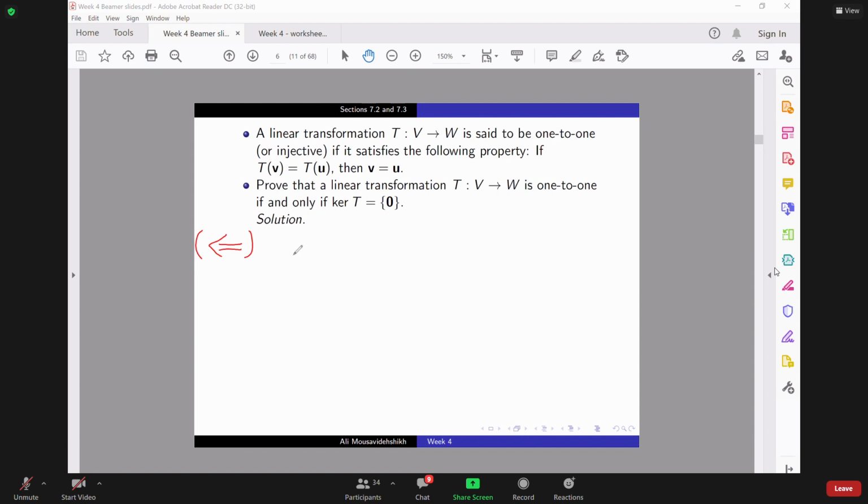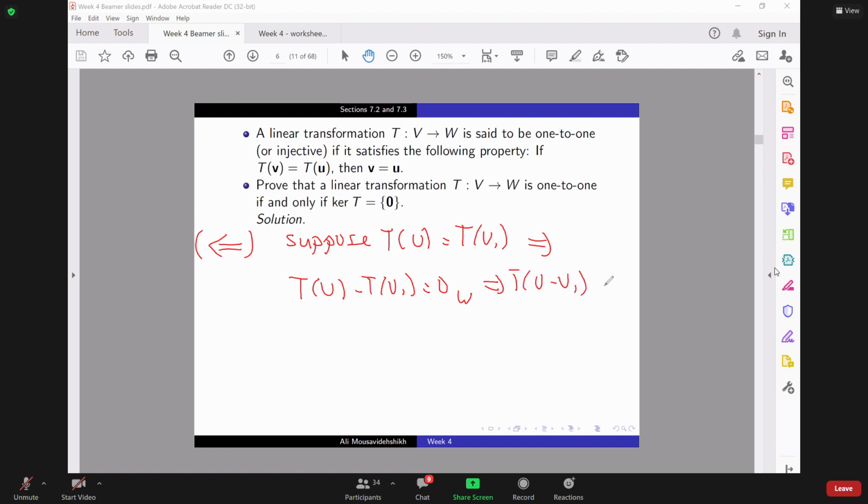So I have that the kernel is 0. I want to prove that T is one-to-one. So suppose T of u equals T of u1. Then T of u minus T of u1 equals the 0 vector in W. But this implies that T of (u minus u1) equals the 0 vector in W, which implies u minus u1 is in the kernel of T, which is the 0 vector.